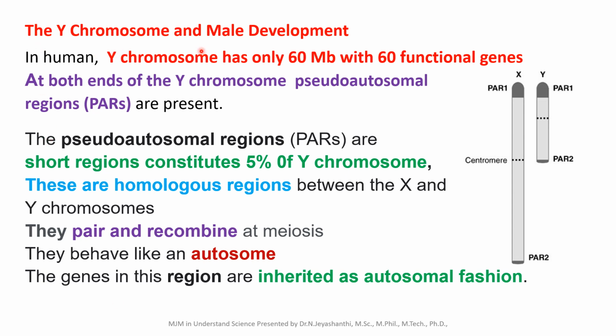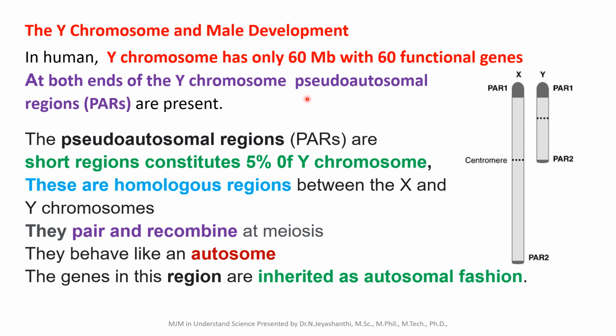The Y chromosome and male development. In human, Y chromosome has 60 megabases with 60 functional genes. At both ends of Y chromosome, pseudo-autosomal regions are present.